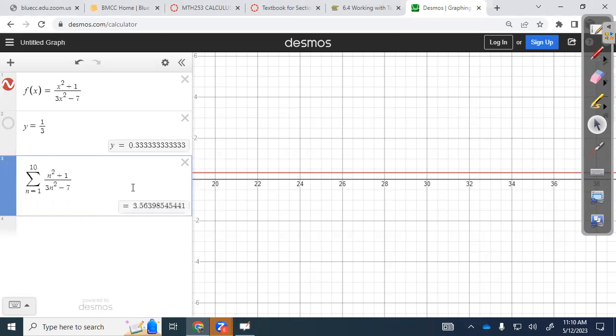And here I can see if n is 10, I get 3.56-ish. If n is 100, I get 33.65-ish. If n is 1,000, I get 333. If n is 10,000, I get 3,333. And it looks like with every power of 10, this thing is getting 10 times bigger than it was before. So it does seem to be diverging according to the first 10,000 partial sums.